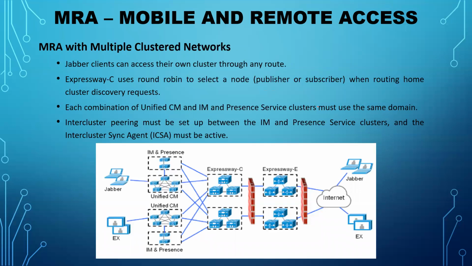Now we'll see MRA with multiple clustered networks. Here you can see the Jabber client, EX client coming in on the internet. Then after the firewall, they will have two Expressway Edges, the first one and the second one, and both are clustered. Then once it comes to the Expressway Core, again they have two Expressway Cores, and that too in a clustered network.